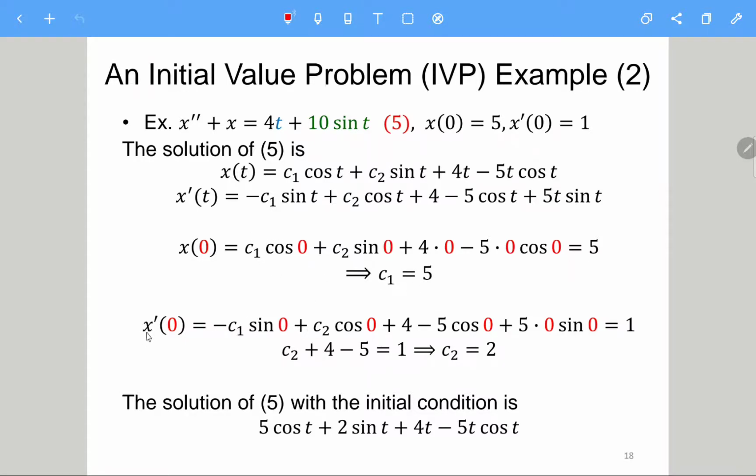Then we also evaluate x prime of t at 0, plug in t equals 0, and we find that c2 is 2. So finally, the solution to this equation with this initial value is x of t equals 5 cosine t plus 2 sine t plus 4t minus 5t cosine t.